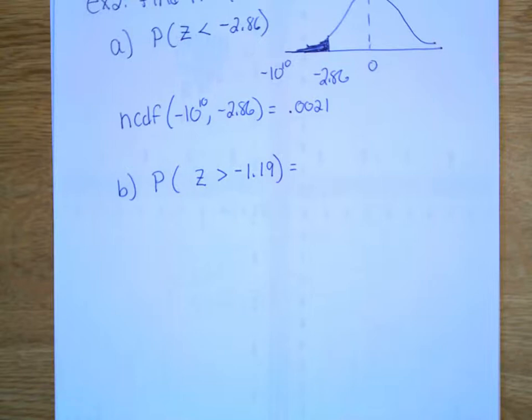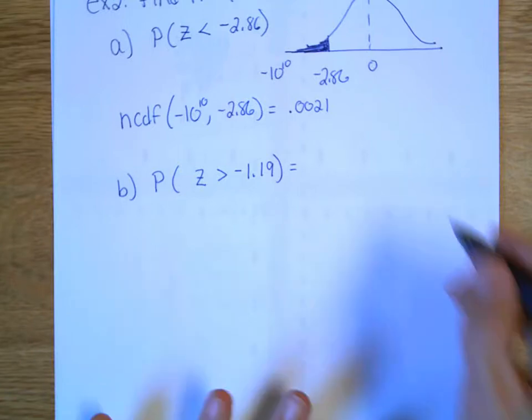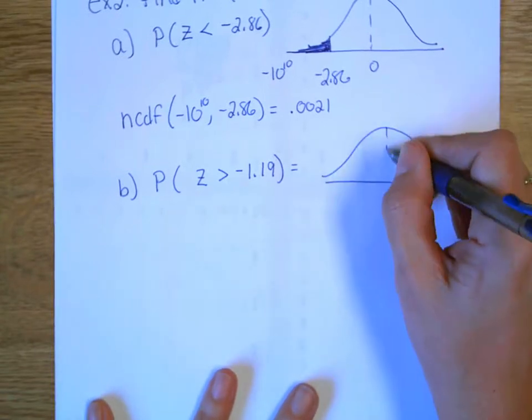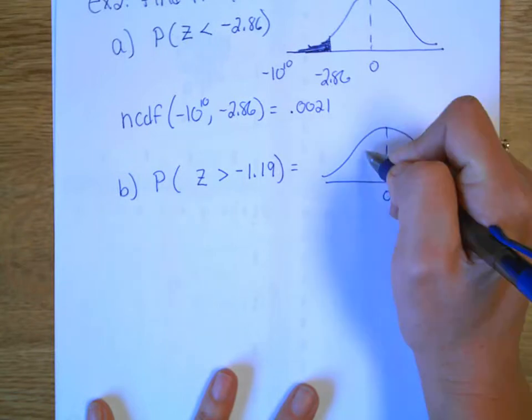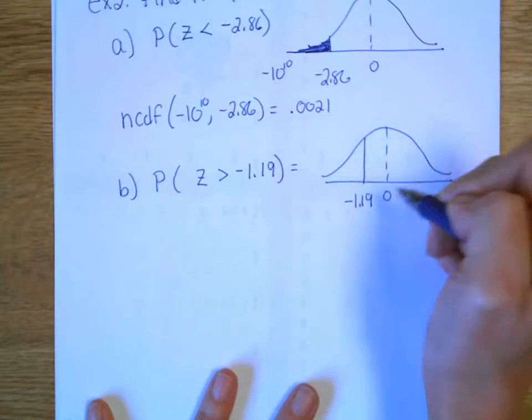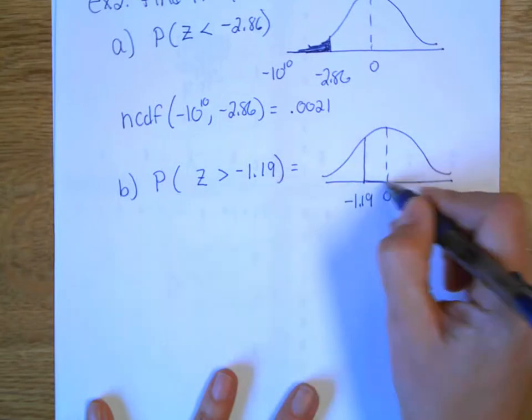So if you shaded that first, where Z is greater than negative 1.19. I think the graphs make it very clear what numbers to put in. Negative 1.19 is back here. Greater than means shade this way.